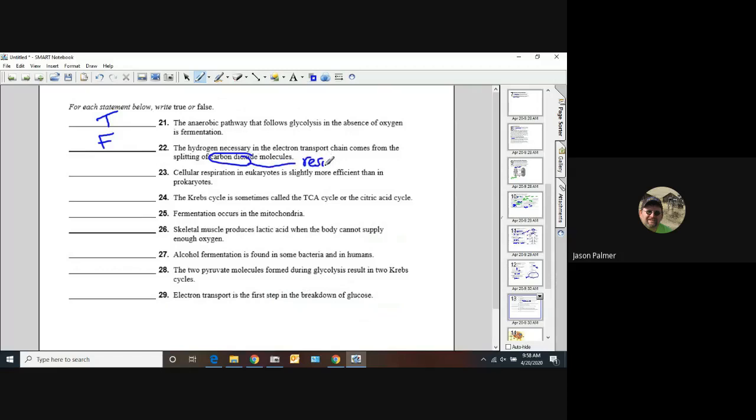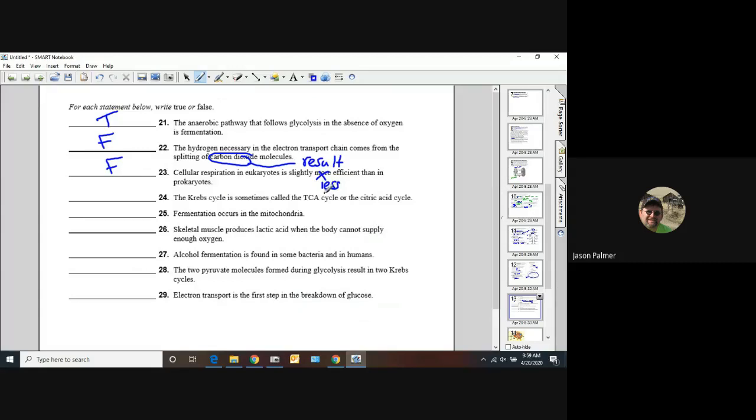That's the result. So we have larger carbon chains that are broken down to get those electrons. Cellular respiration in eukaryotes is slightly more efficient than in prokaryotes. So that was one of the slides that I showed you earlier.